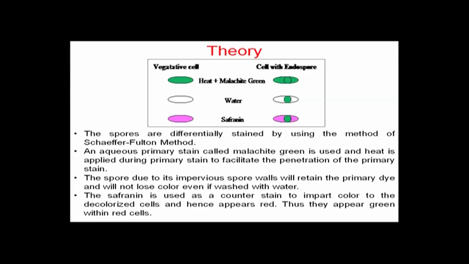Now, as I have told you, these spores contain impervious spore coats. So, you need such a stain which will penetrate across this barrier of impervious spore coats and enter the cytoplasm of spores. When we are using malachite green and applying heat, those cells which contain endospores will be totally stained. Even the vegetative cells without the endospores will be totally stained with the primary stain.